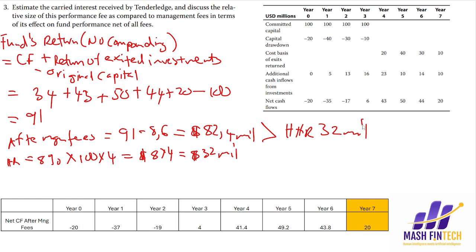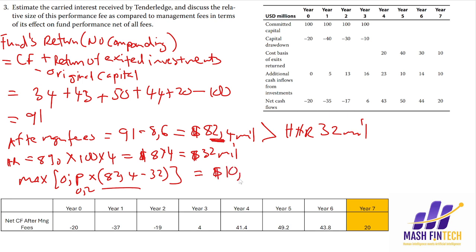And therefore, the performance fee, you remember the formula was this, the GP performance fee was the maximum of either 0 if this was less, but because we have exceeded the hurdle rate, the return is higher than the hurdle rate, we take the GP fees of 20% multiplied by 82, because it's over the hurdle amount, 84 minus 32. Then if you calculate this, it's a positive, this is 20%. If you calculate this, the performance fees are going to be 10.08 million for the GP.